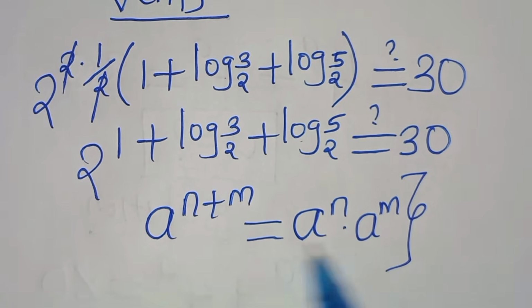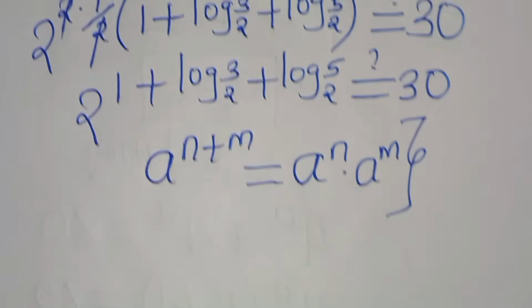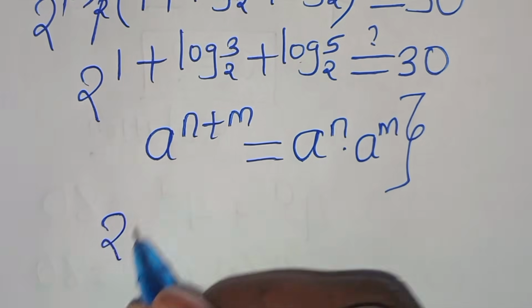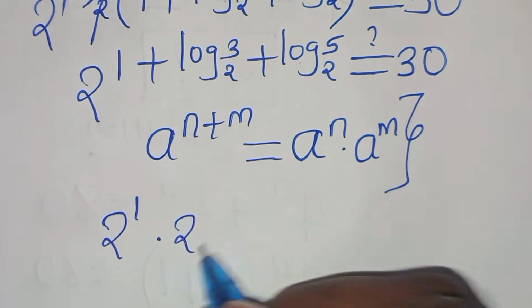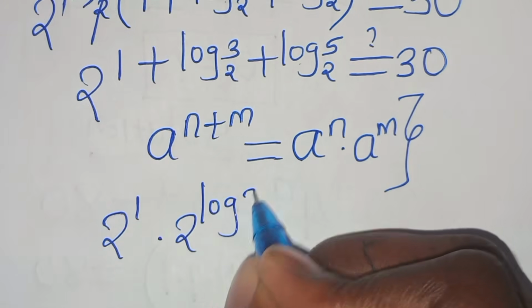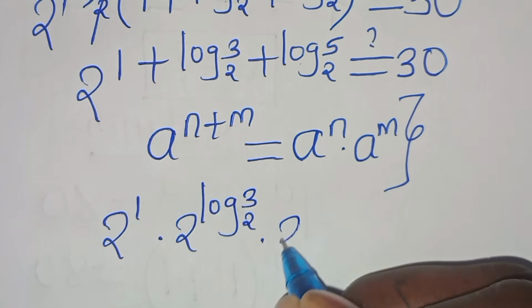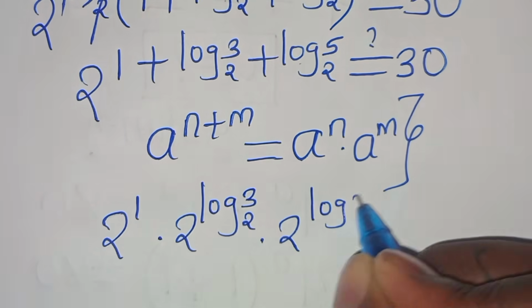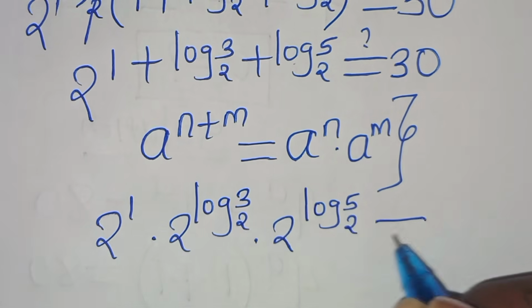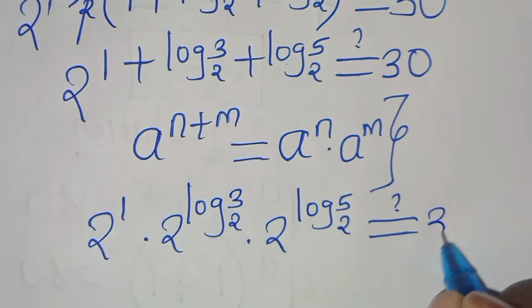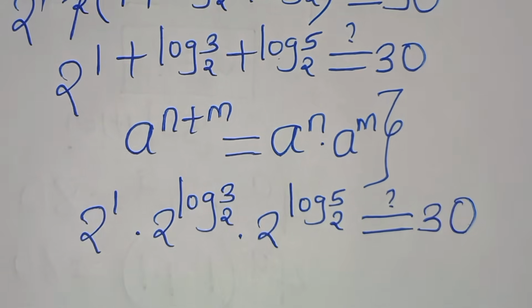Applying this exponent property, we have 2 to the power of 1 times 2 to the power of log 3 to base 2, times 2 to the power of log 5 to base 2, supposed to give us 30.